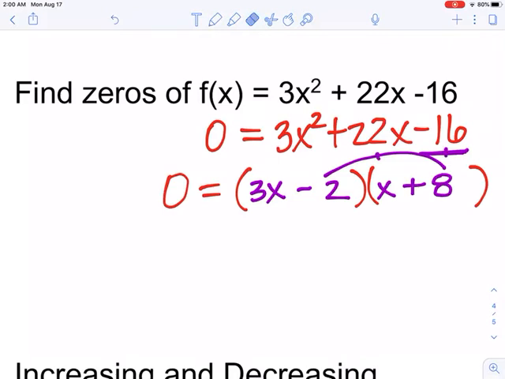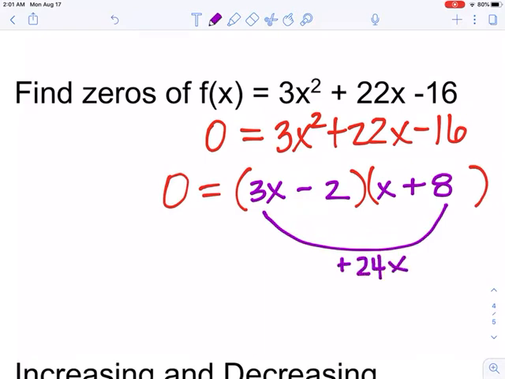What we need to check for then is our outside and our inside. 3x times 8 would be a positive 24x, and a negative 2 times x would be a negative 2x. When we add those together, we get our 22x.